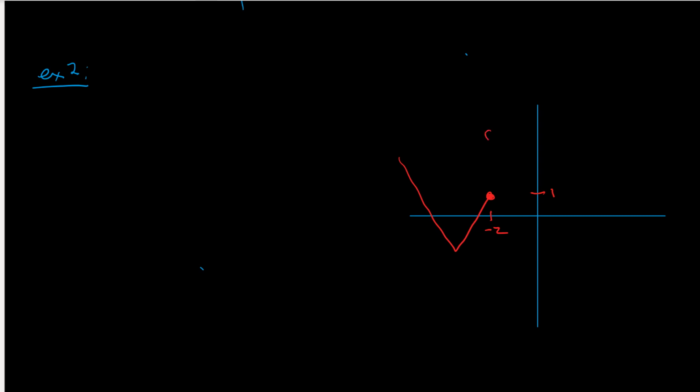Then it starts here and it goes down to, let's say, 1. That's looking too close to vertical there. There, something like that. Then maybe I put a point right here.